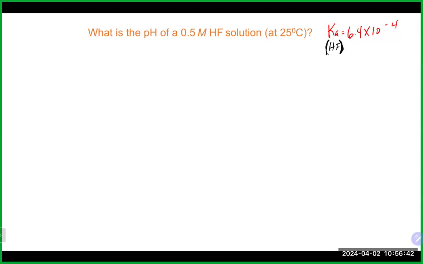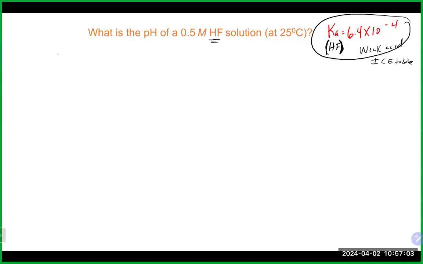So a couple things when you look at this problem, we have HF, we're looking for the pH. Once again, we do see a Ka value, so that automatically should scream to you that it is a weak acid. Secondarily, it should scream to you that you should probably be doing an ice table to solve this.